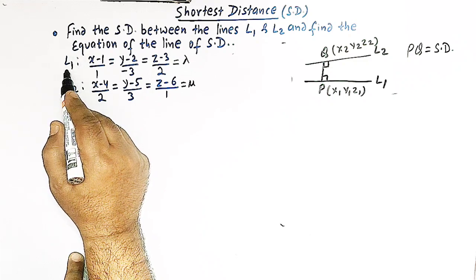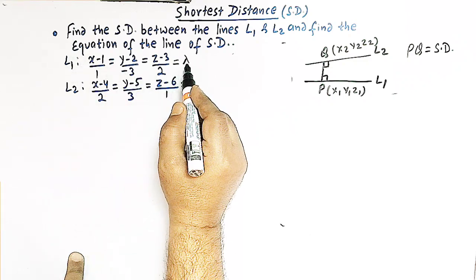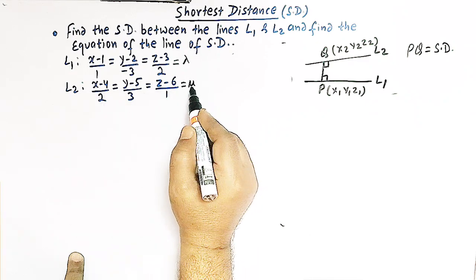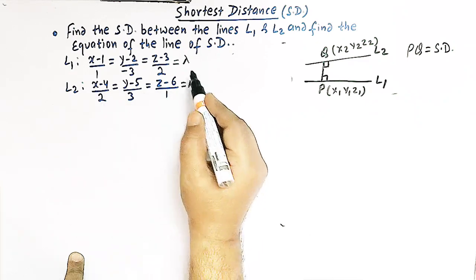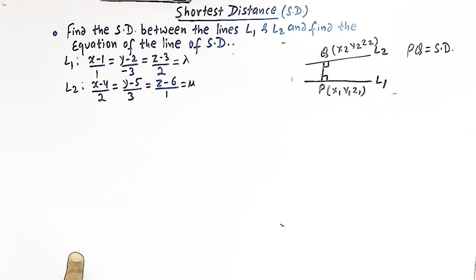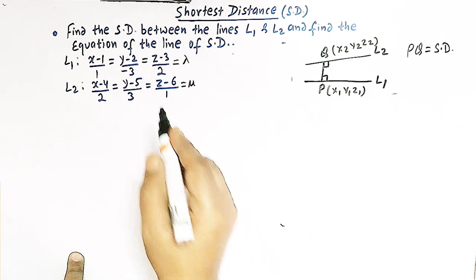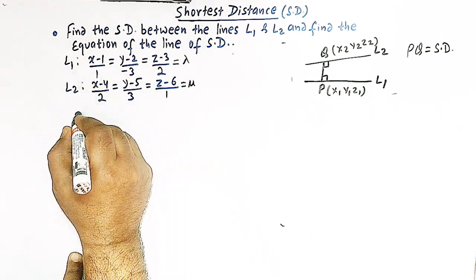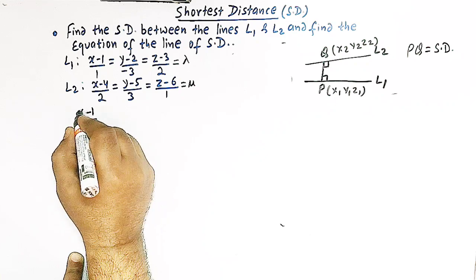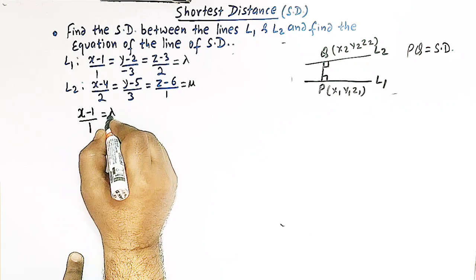Taking this line L1, we have this scalar lambda, and taking this line L2, we have this scalar mu. The purpose of introducing lambda and mu is to get the coordinates of the general point lying on a given line.